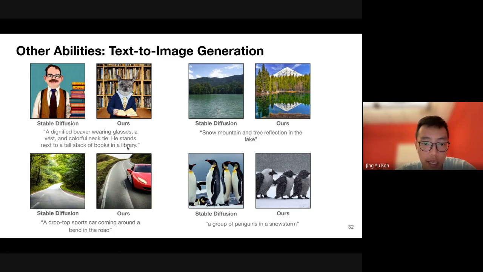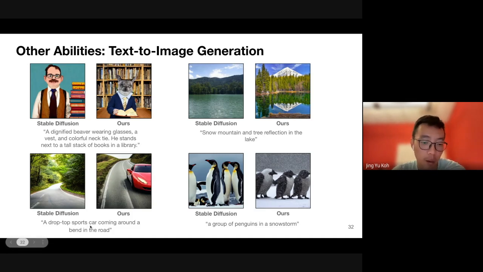We find that GILL is able to do better on certain examples where the caption is a bit more complex. So: a dignified beaver wearing glasses, a vest, and a colorful necktie. He stands next to a tall stack of books in a library. Stable Diffusion actually doesn't get the beaver by default, but our model is able to handle that. I don't really know if it is a beaver, but it's more beaver-like than the one on the left.